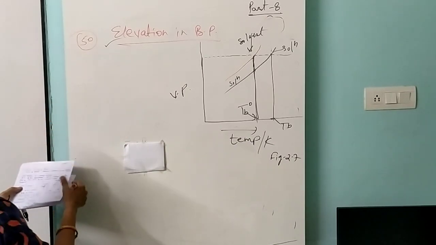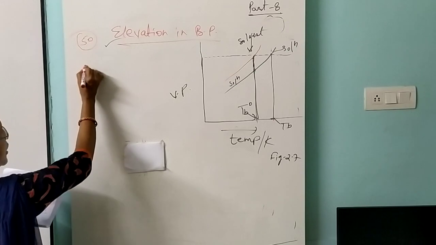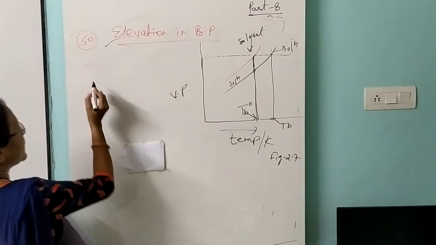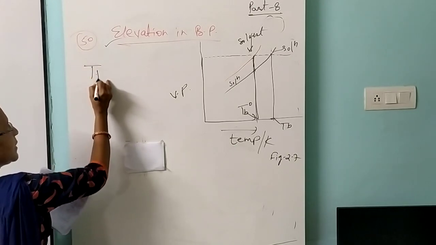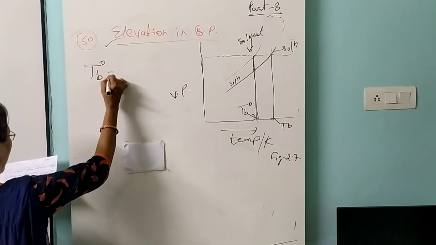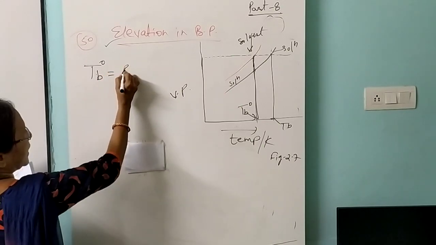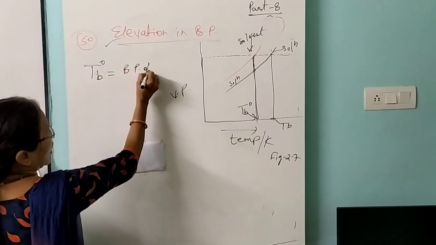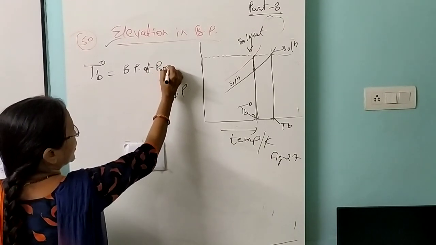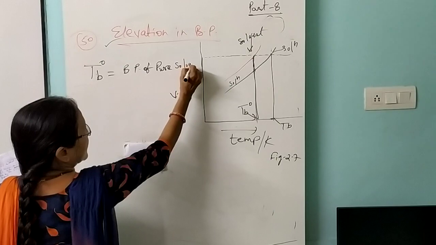Now what is the meaning of this T_B^0 in the graph? T_B^0 is the boiling point of the pure solvent.